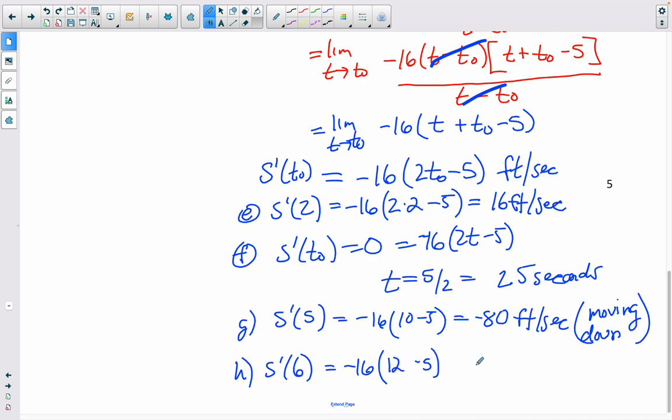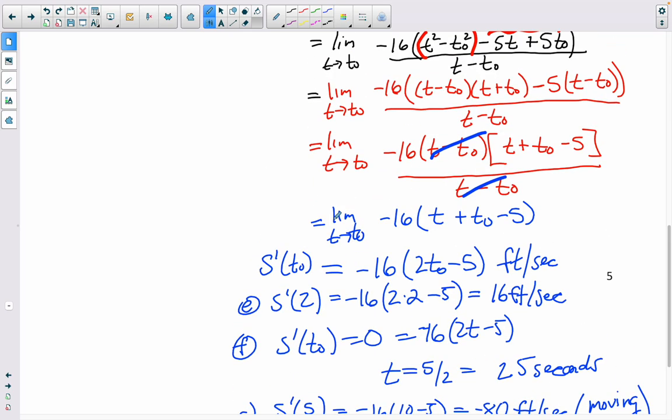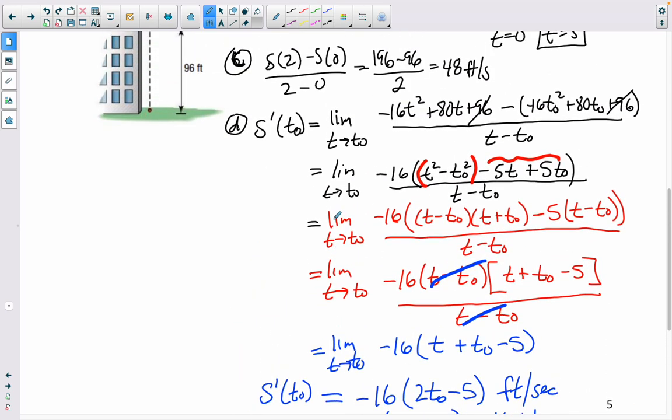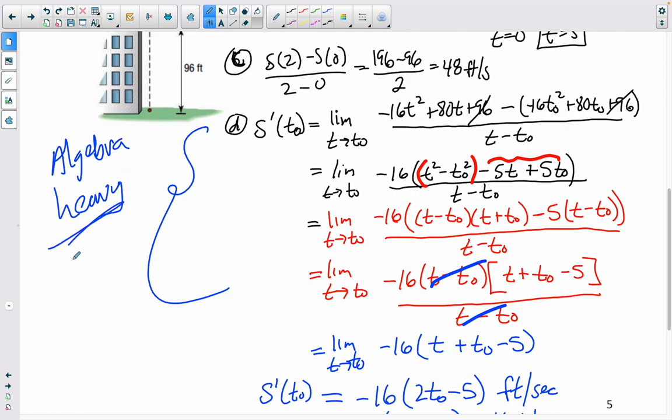So 12 minus 5, and you get negative 112 feet per second is the instantaneous speed of the ball right before it hits the ground. All right? And so that's your instantaneous speed. This is the hardest part. Okay, so this is algebra heavy. All right, and so there's your instantaneous rate of change.